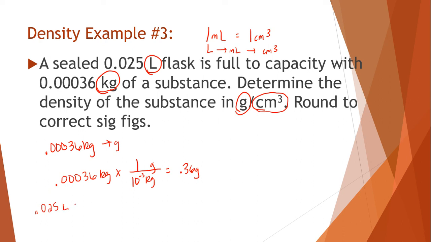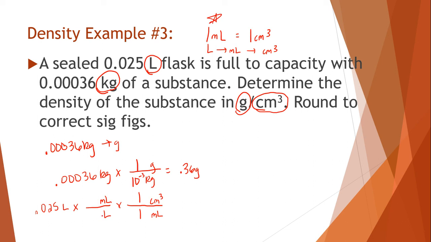0.025 liters. Let's get rid of liters on the bottom and go milliliters on top. Then let's do this again. If I want to cancel milliliters, it's on bottom. Centimeters cubed is on top. So remember, this relationship was a 1-to-1. We wrote it up here.